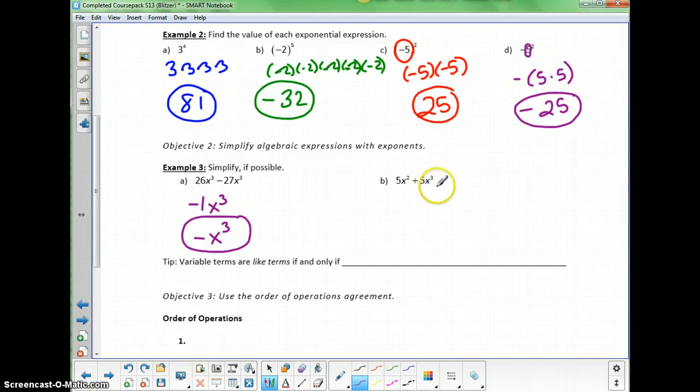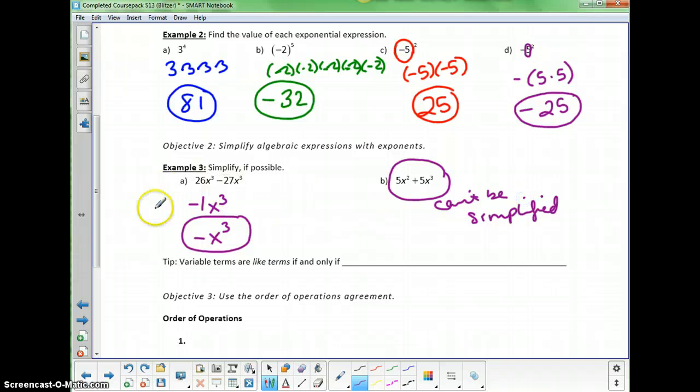And in 5x squared plus 5x cubed, that cannot be simplified because they have different exponents. So it's done as it is, can't be further simplified. Those two terms were not like terms.